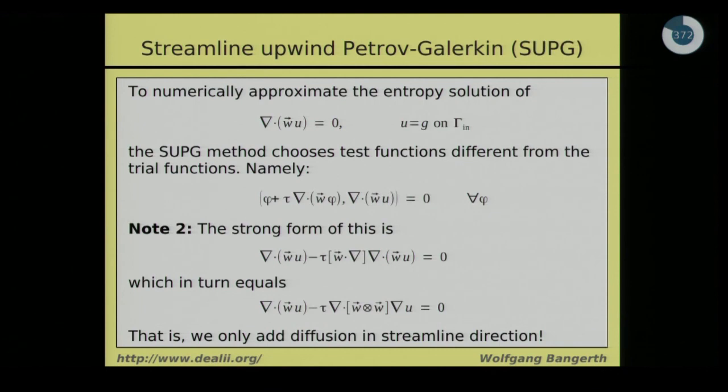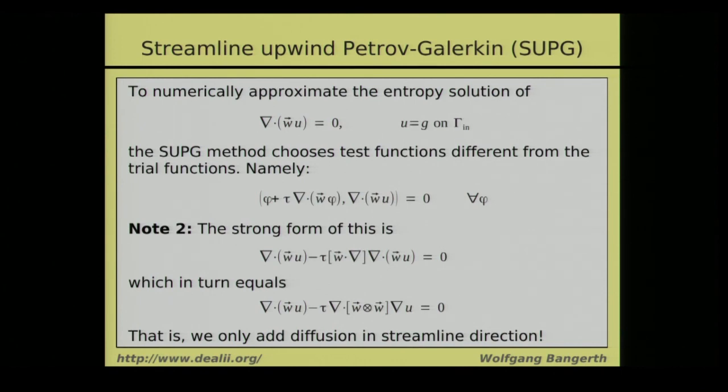Namely, if you think of this as follows: I can write this as phi times div w u plus tau div w phi times div w u. Okay, and then I can integrate this by parts, and I can separate out the phi so that I get phi times the strong form of the equation.